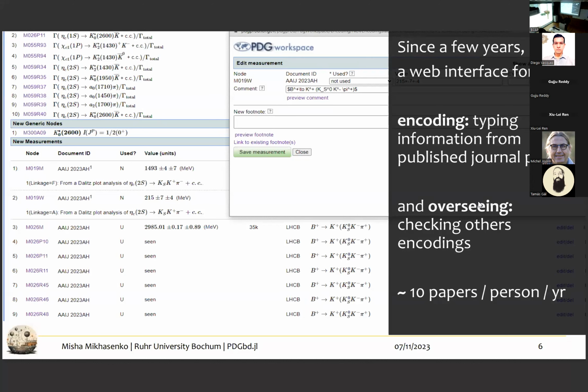Internally, our job in the PDG is split into 2 phases, where we encode the information based on the journal publications, and then we check each other. There is an overseeing phase. Every encoder gets roughly 10 papers per person per year. That's not much, but it still requires a lot of attention, since the graphical interfaces are error-prone.